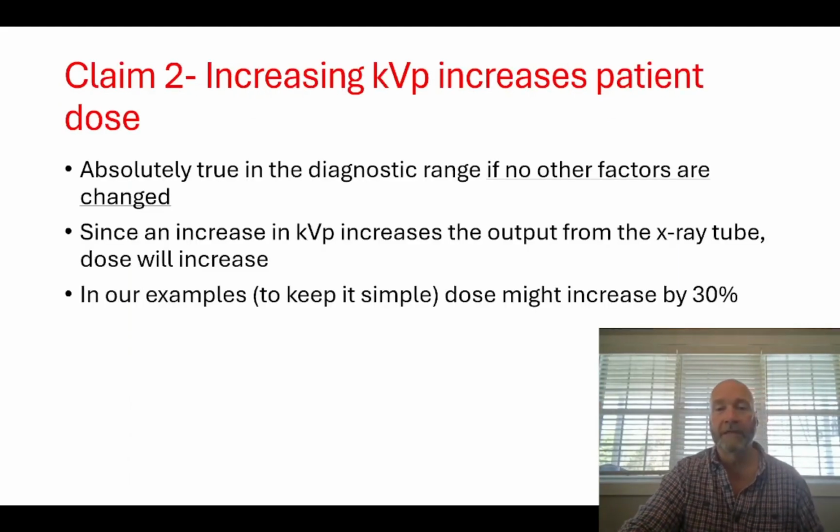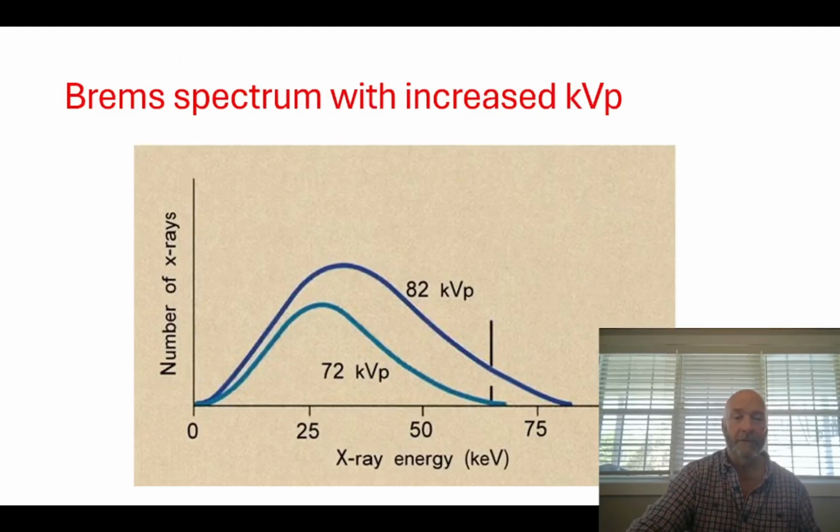Claim 2 was increasing kVp increases patient dose, and that is absolutely true. In the diagnostic range, if you don't change anything else, then you're going to increase the patient dose, because as you increase your kVp, you increase the output from the X-ray tube, so you get all of these extra X-ray photons interacting inside of the patient. Remember that the average energy is roughly 1/3 the peak energy.